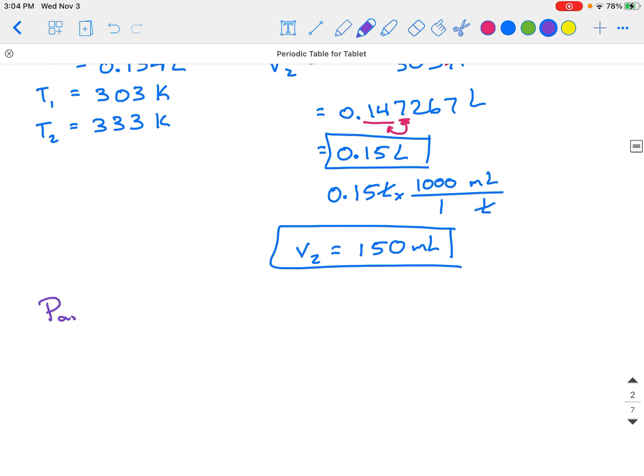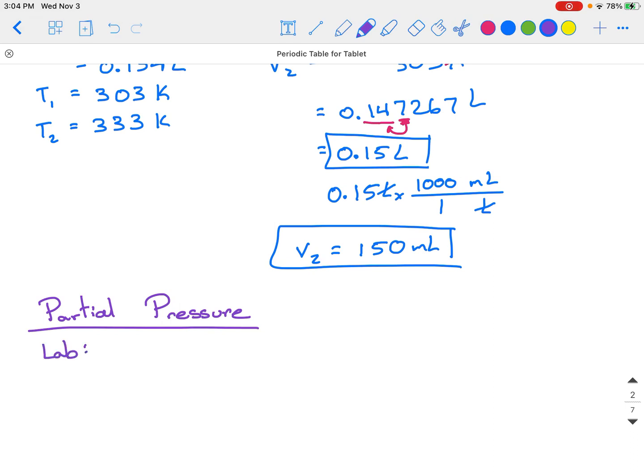Today we're going to go into something called partial pressure. This is what you'll need to know for your lab on Monday. So on Monday we'll be dealing with a lab with partial pressure.